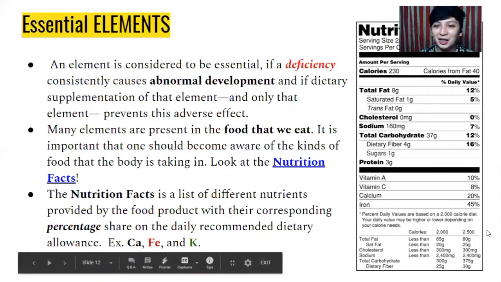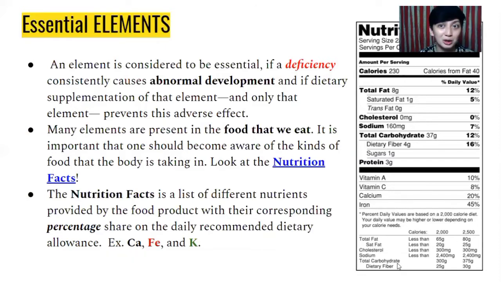So you can see here that we have different types of elements that can be found in the nutrition facts. And all you have to do is to look for those elements. If you are aware of that, therefore you are in good hands. Why? Because you already know how to read and how to check the label of the food that you're going to take in.